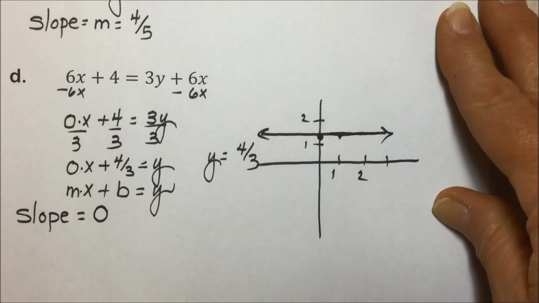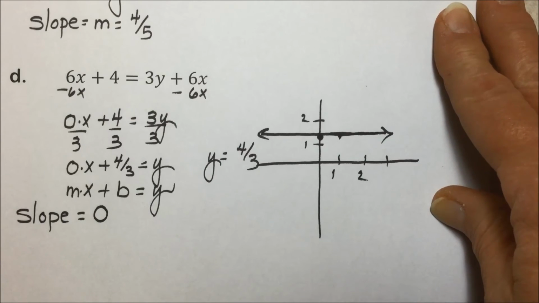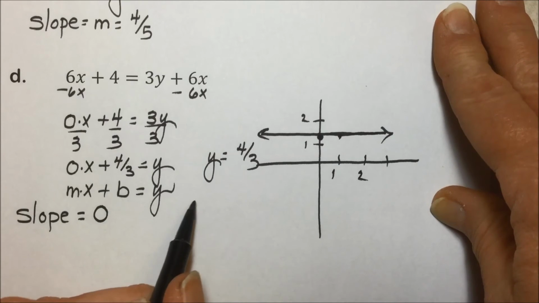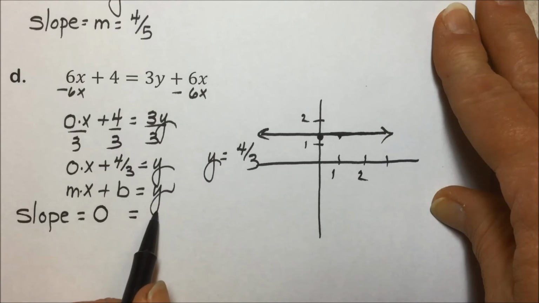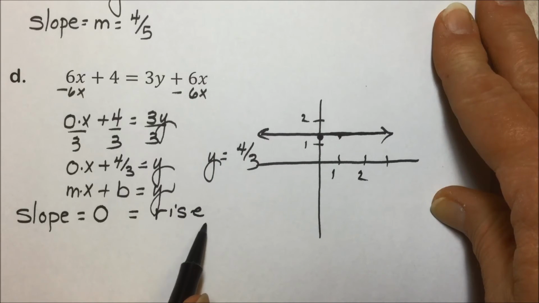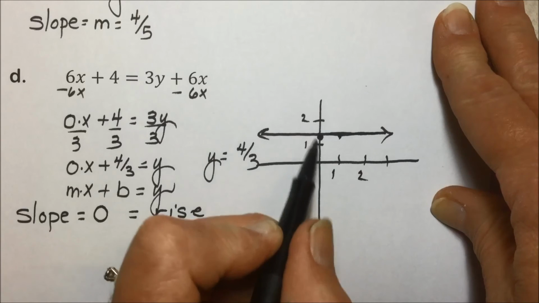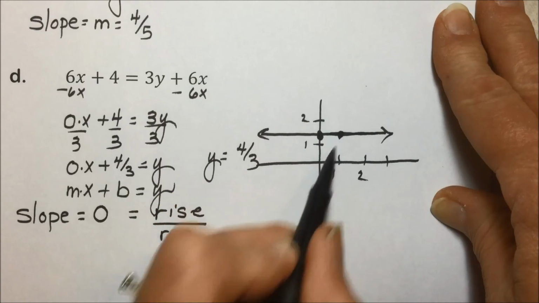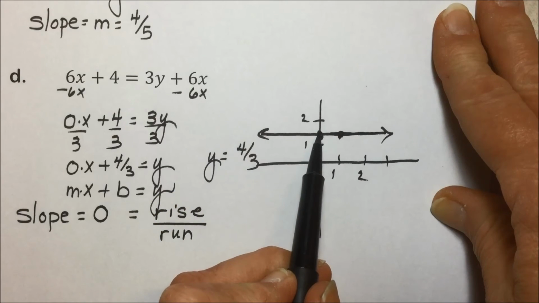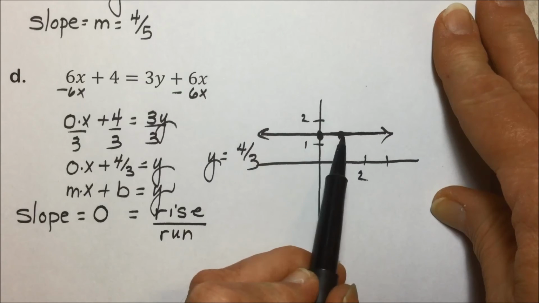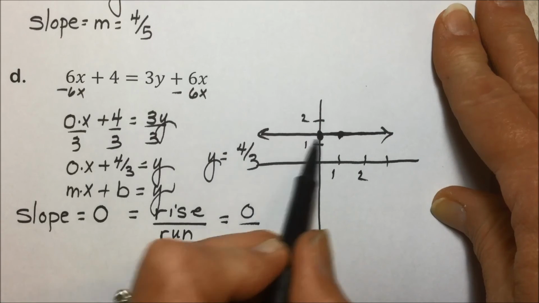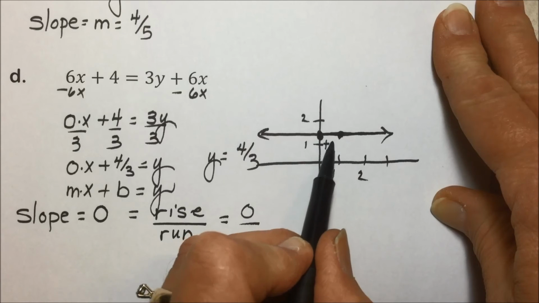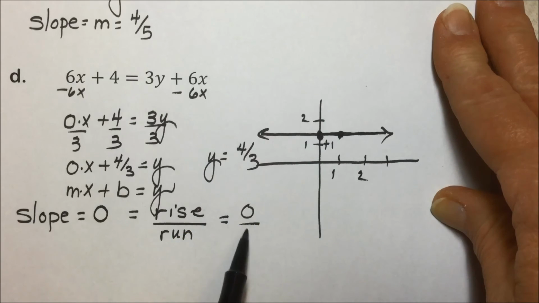What kind of steepness do we have on this line? Well, slope is a description of rise over run. And if we describe the rise between these 2 points, there is no rise. Run-wise, we've run a positive 1 from here to here.